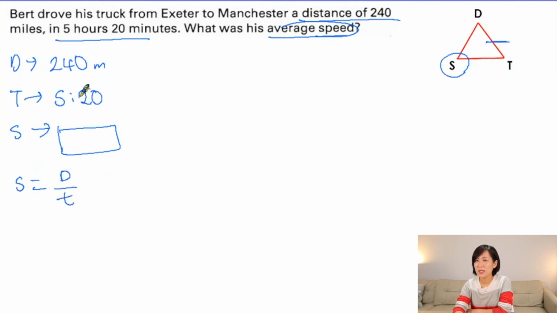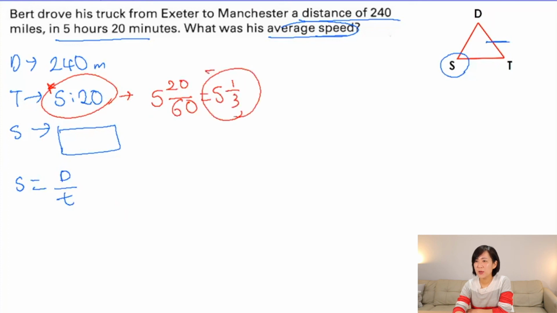Then let's see. First we need to change our time into a fraction, right? 5 and 20 out of 60, that is 5 and 1/3. So make sure you always check your time. Then 240 miles divided by 5 and 1/3.